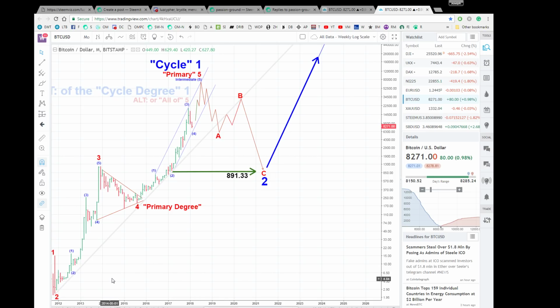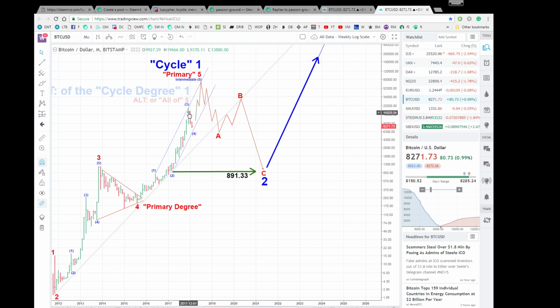So before we get away from this big long-term monthly chart here, we also have to recognize that, along with our most bullish hopes that there's still yet another massive rally up to this intermediate fifth wave, we have to also recognize the possibility that it all may be done at this high here of 19,666.